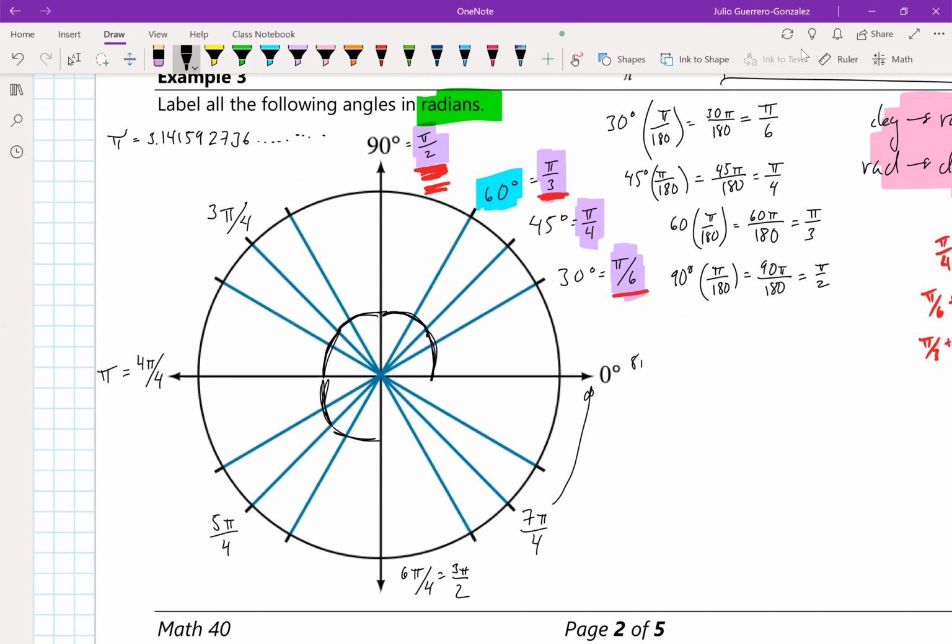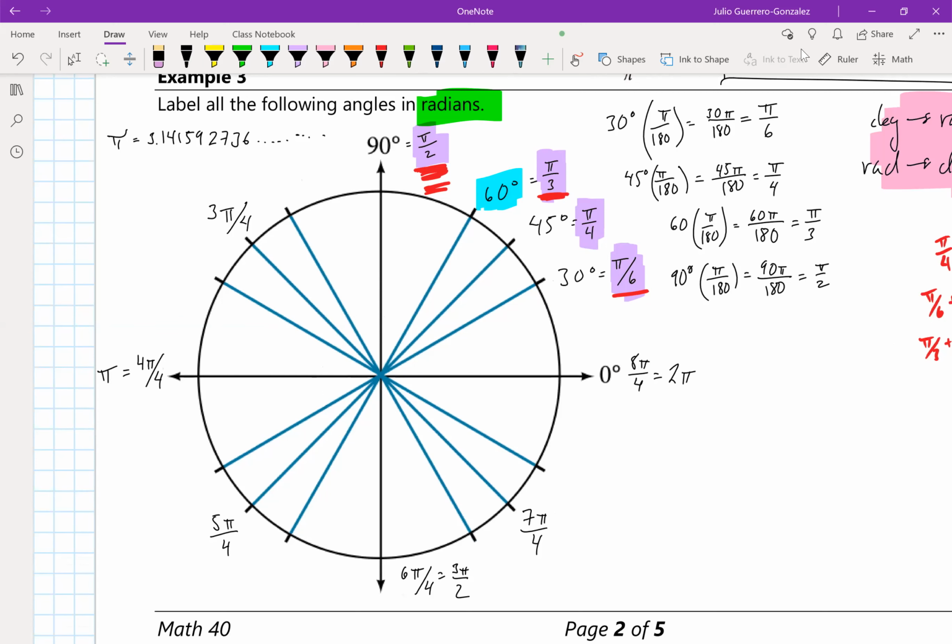This is 8 pi over 4, which is equivalent to 2 pi. So you can simplify if you need to. Got it? Okay.